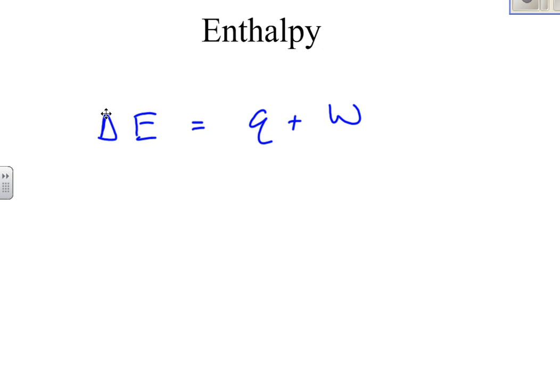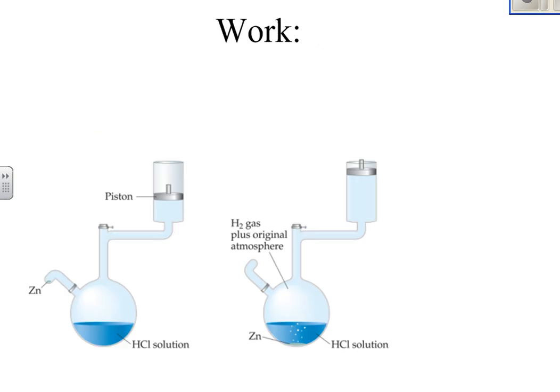Now, most reactions that we'll be working with that happen in nature happen at atmospheric pressure. And so the work component usually is just either the system pushing the surroundings back or the surroundings pushing in on the system. Take, for example, the reaction between zinc and hydrochloric acid.